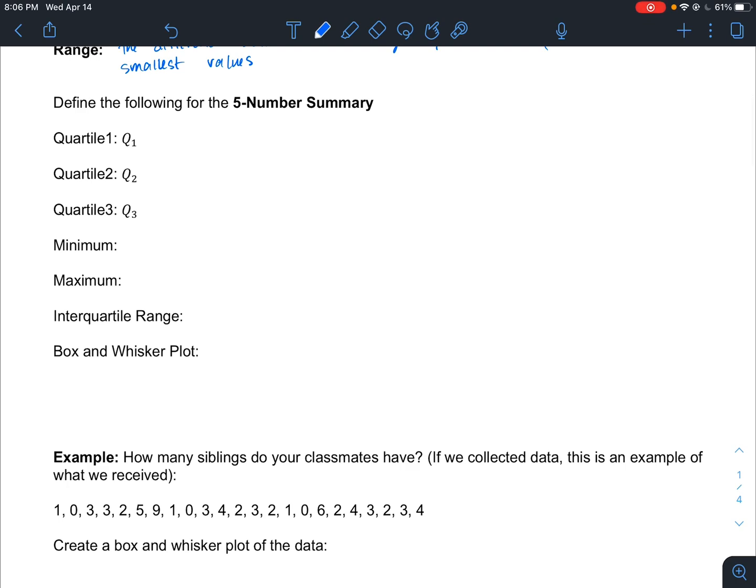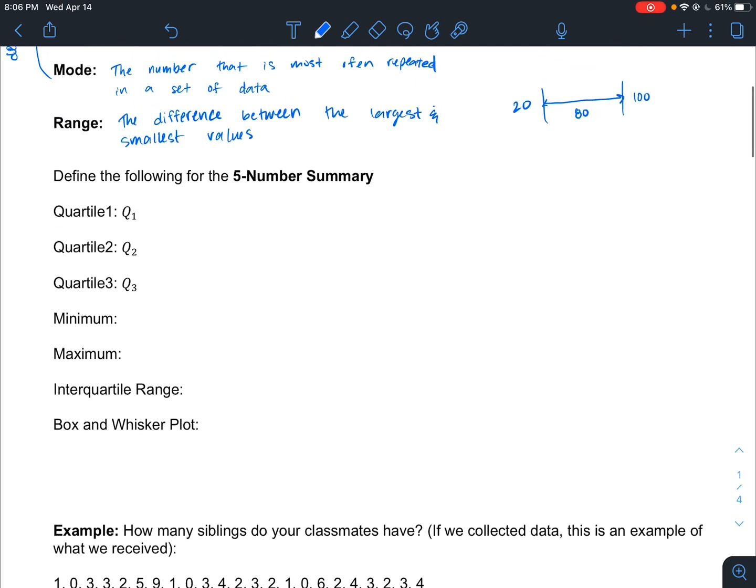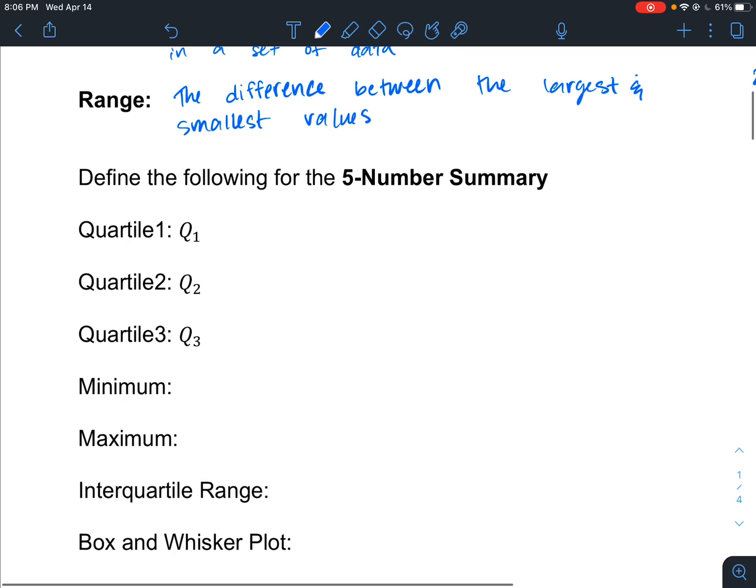Okay, now we're going to talk about a 5-number summary. A 5-number summary tells us how the data is spread out. We separate the data in a 5-number summary into 4 sections, essentially 4 quarters.